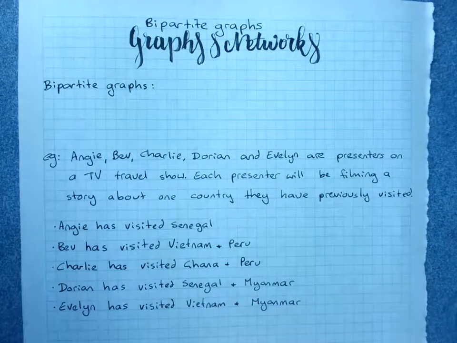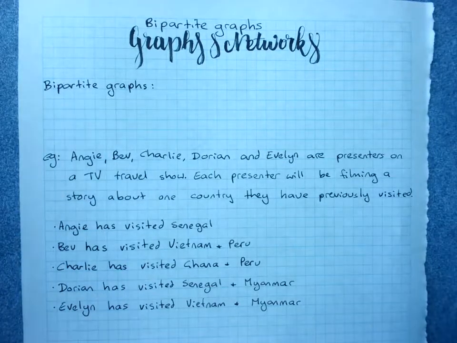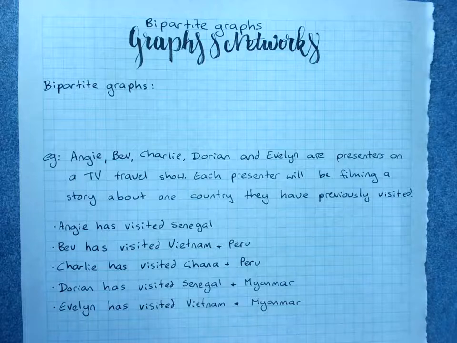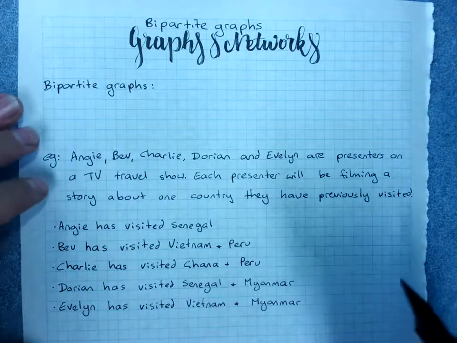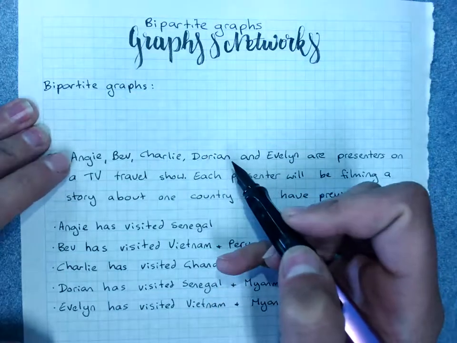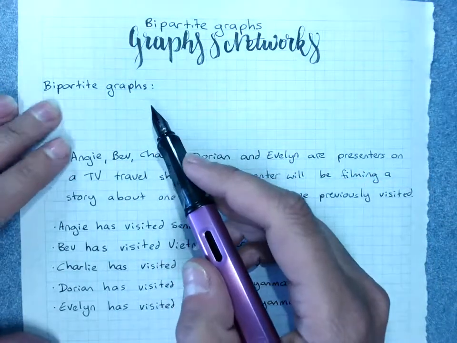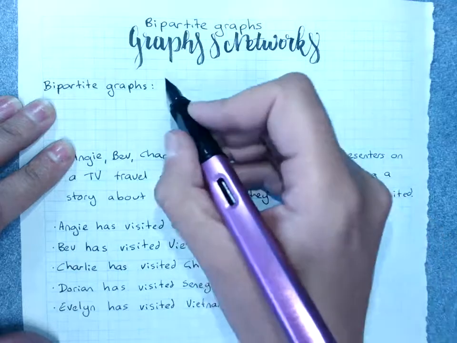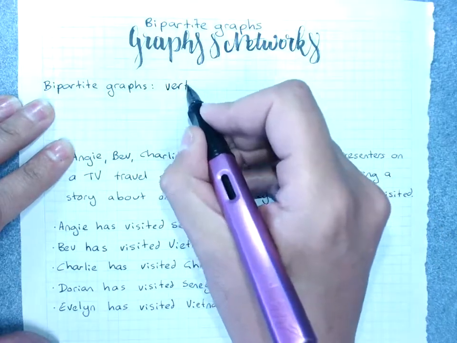Graphs and networks, bipartite graphs. Bipartite graphs are often used for allocation of one group of people or objects to another group. By two, the vertices belong in two separate sets.